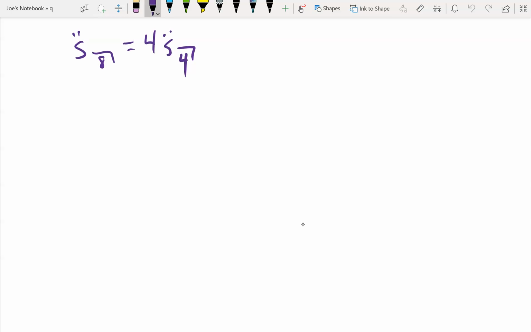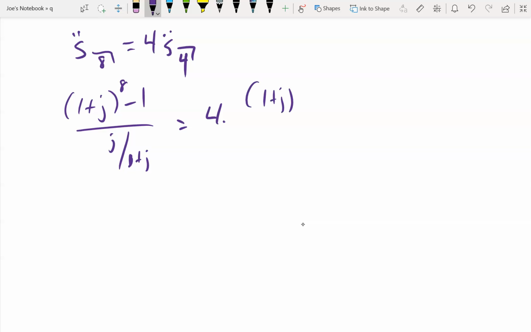So you have 1 plus, I'll call it j, to the 8th minus 1 over j over 1 plus j, but that part doesn't really matter. And then 4 times 1 plus j to the 4th minus 1 over j over 1 plus j. The reason why I said the denominator doesn't matter is because they'll cancel, right?